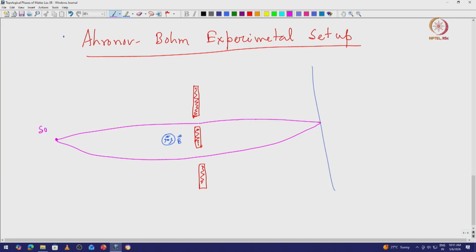This is my source, this is my detector, and let us call this path 1 and this is path 2. Let us call them S1, S2.